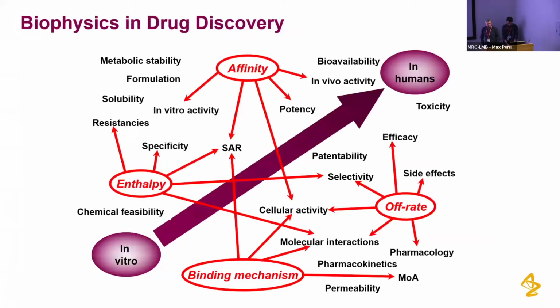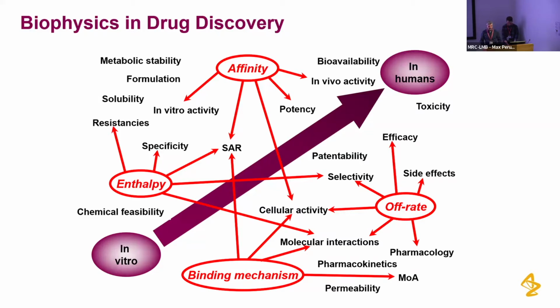Okay, so how do we then use biophysics in drug discovery to help us move from an in vitro binding event to something that might be useful in humans? Well, we can use biophysical methods to assess some of these parameters. So affinity, binding kinetics, off-rates, on-rates, binding mechanism, and even potentially enthalpy.